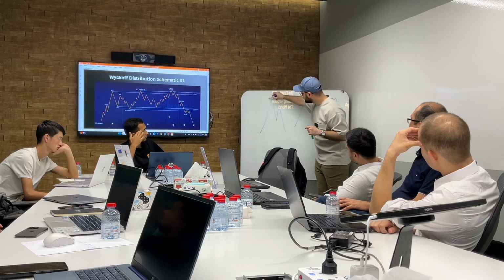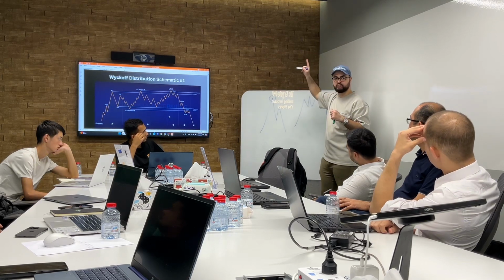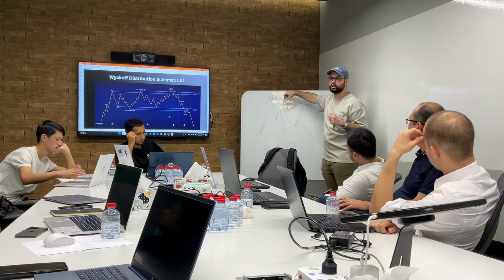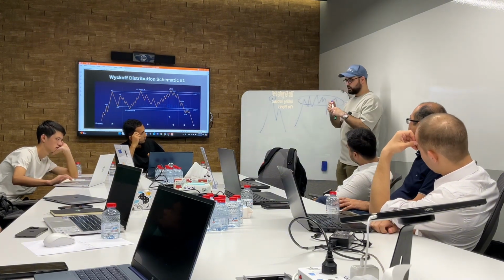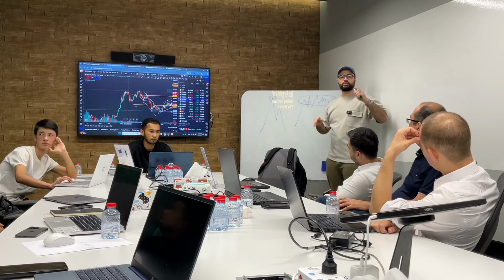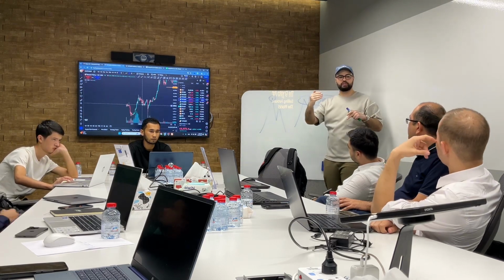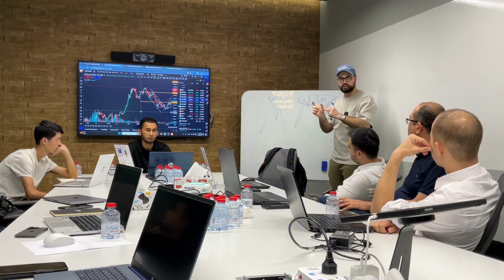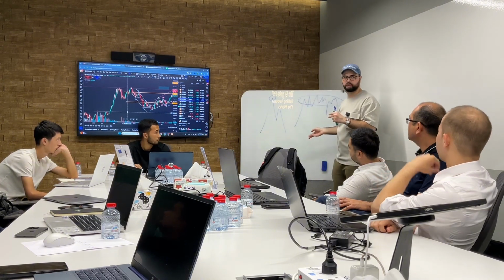So the difference will be just one peak, but in distribution, this can take like 3 months, 4 months, okay? Distribution is when whales don't want to dump the price of Bitcoin, so they don't sell at once. They sell, for example, each week or every 3 days, in small quantities, so they don't dump the price, okay?